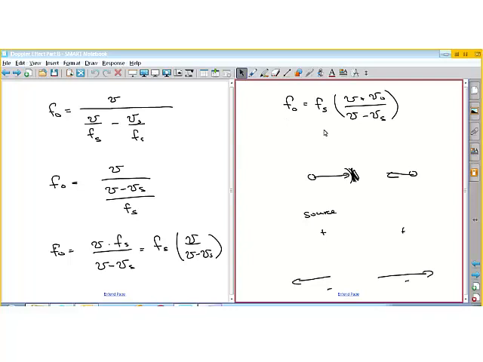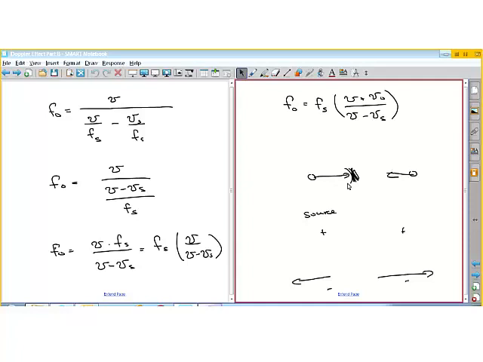And then you can come up with this most general equation, which says the frequency that the observer hears is the frequency that's generated by the sound source times the speed of sound plus the velocity of the observer, over the speed of sound minus the velocity of the source.